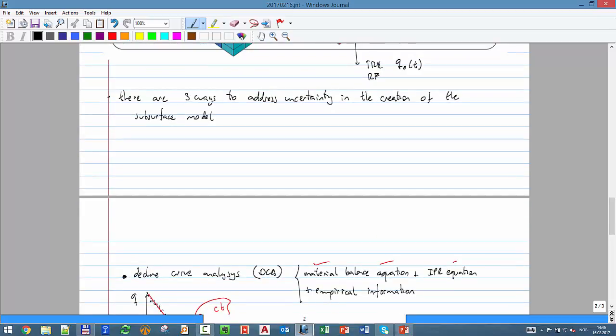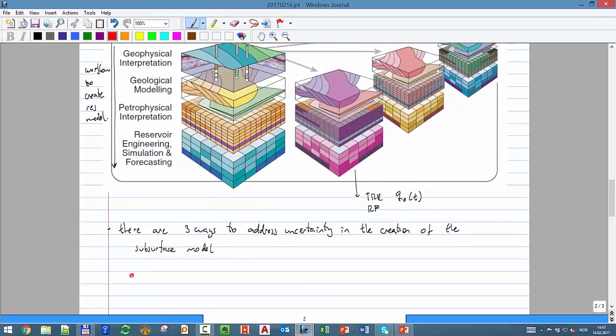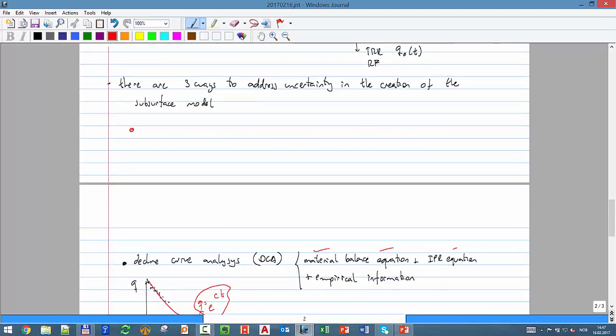So there are three ways. One of them is to try to define the most likely of all of these realizations. Define a base case, the most likely realization.